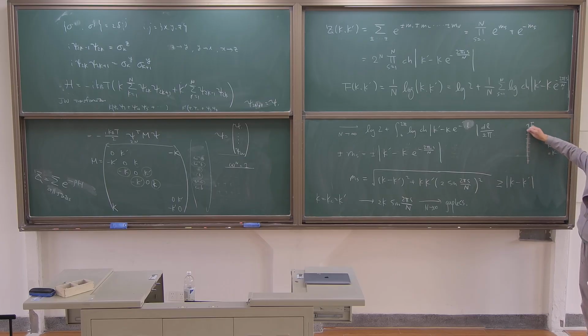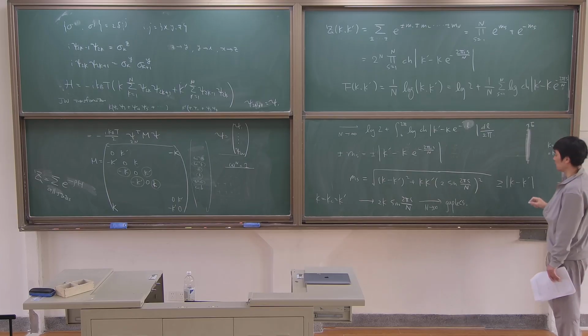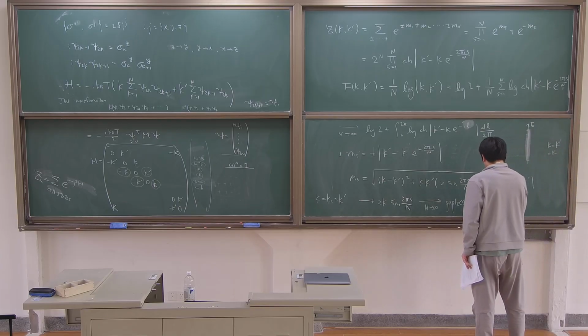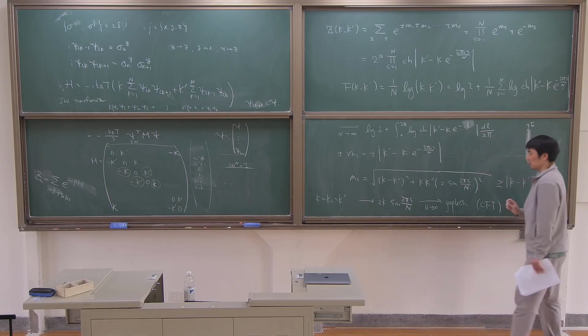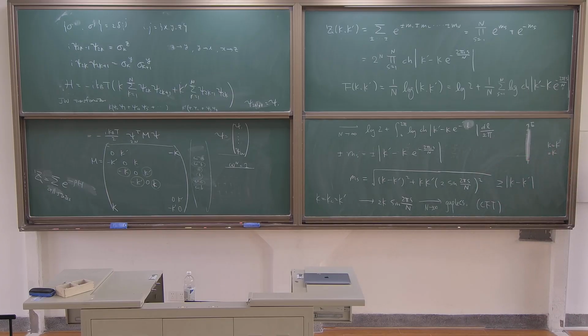It becomes like this. There is no gap between the ground state, first excited state, second excited state, and so on. This clearly suggests that this is the CFT description, at the conformal point.